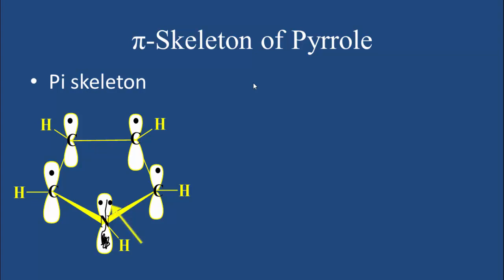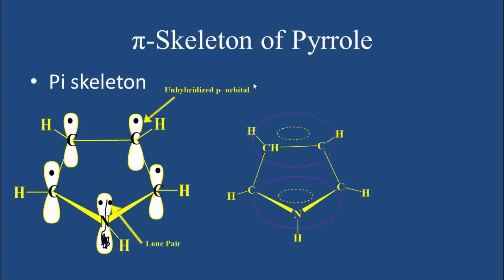This is the lone pair of electrons present in the unhybridized p orbital of the nitrogen atom, and this is the unpaired electron present in the unhybridized p orbital of the carbon. All these p orbitals on each atom overlap laterally, and there is the formation of the pi bond, and it forms the pi skeleton of the pyrrole.